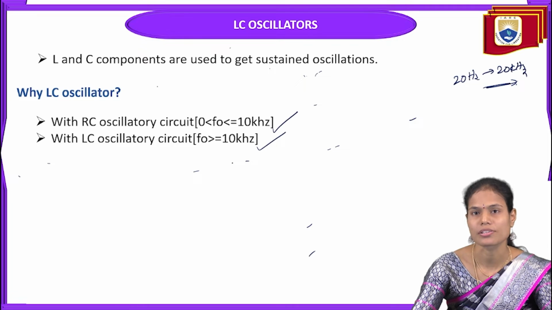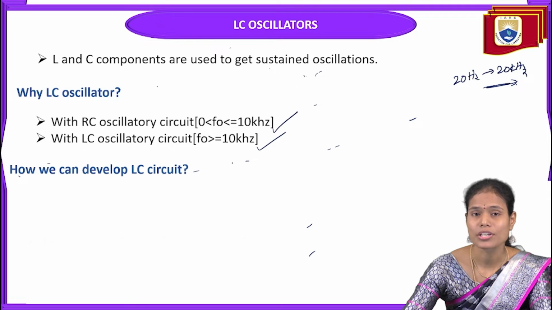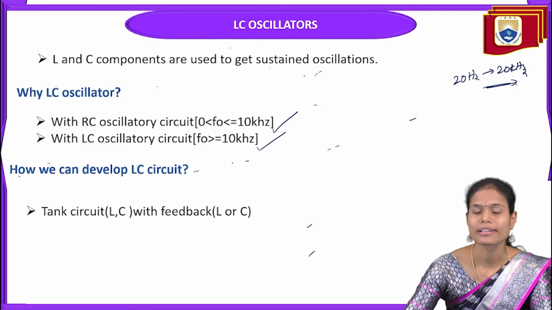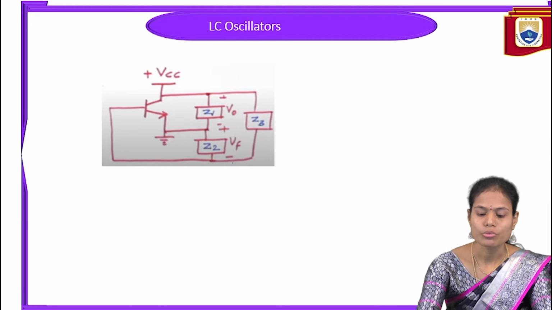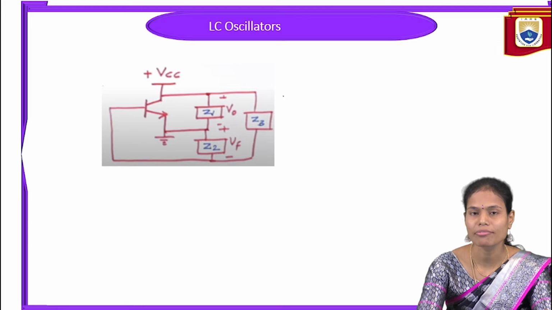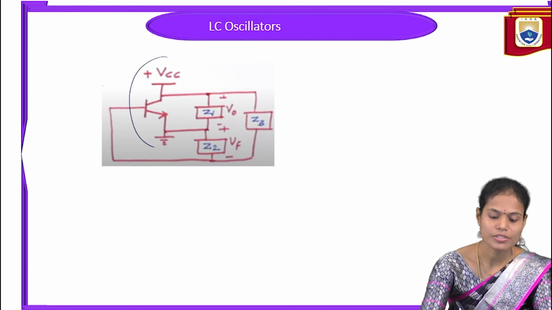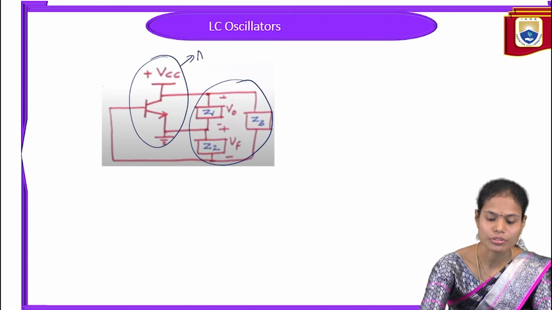We can develop this LC circuit by using the tank circuit formed by an inductor and capacitor, which we have just discussed. In the case of an LC oscillator, as with any oscillator, we have the amplifier as well as the feedback network. Here this is the amplifier circuit and this one is the feedback circuit.